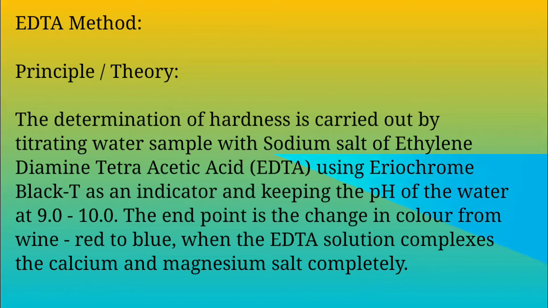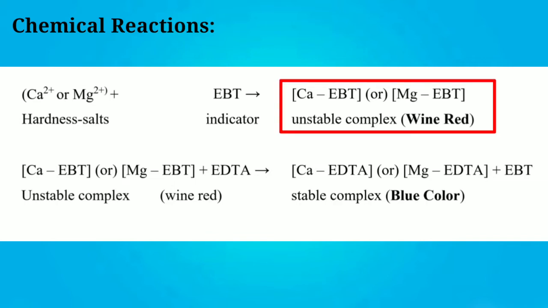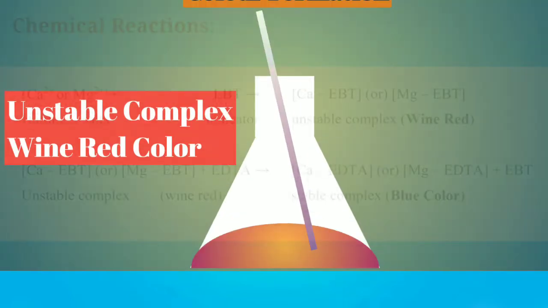Now we start the chemical reactions of the EDTA method, or complexometric method. When Ca2+ or Mg2+, meaning hardness causing substances, react with EBT, meaning Eriochrome Black T internal indicator, at pH range 9 to 10, they form Ca2+ and Mg2+ complexes with EBT. It's an unstable complex of wine red color.